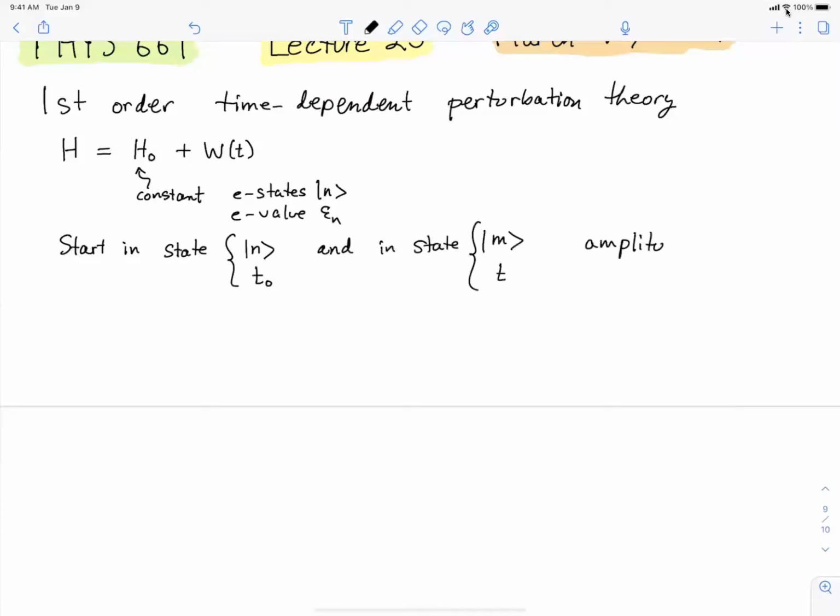You'll take the complex square of the amplitude to get the probability. The amplitude to go from n to m at first order in perturbation theory, ending at time t and starting at time t0, is you've got to do an integral: minus i over h bar, integral from t0 to t, dt prime.